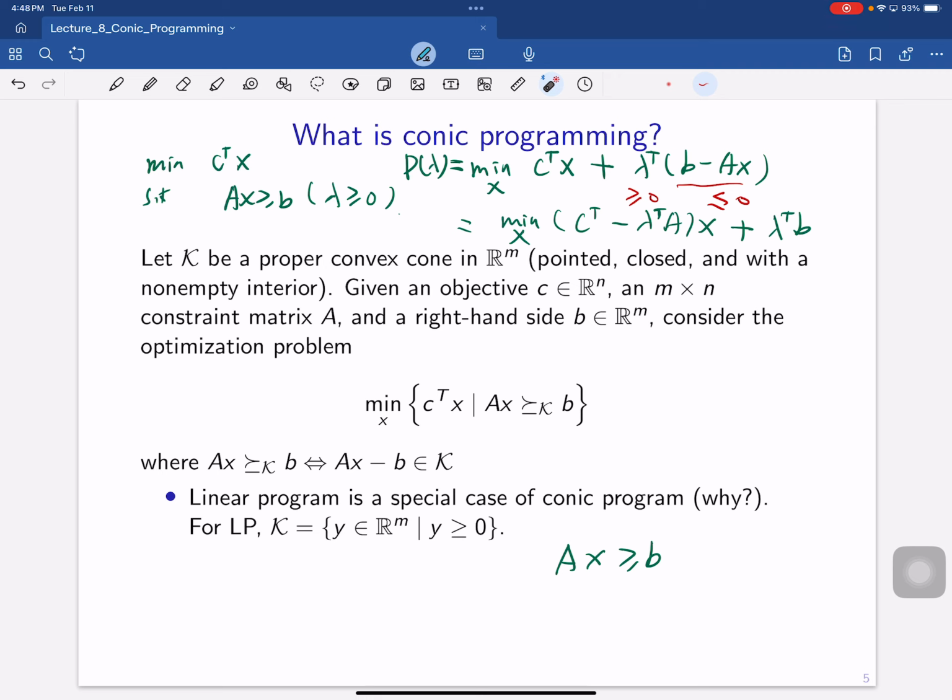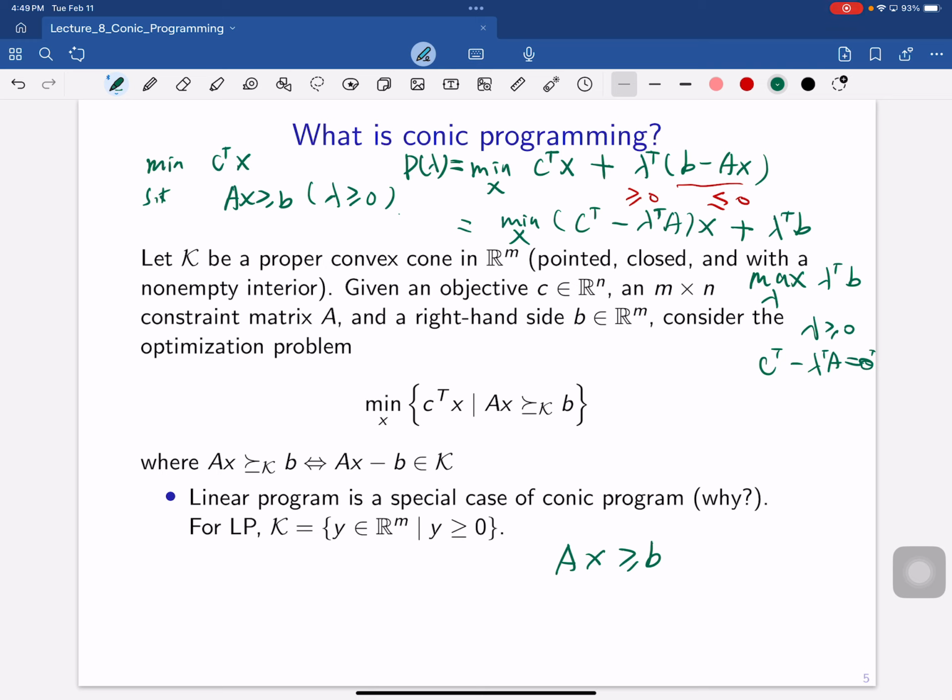So in the dual, you want to find the lambda that gives you the tightest lower bound. That's why you are maximizing lambda transpose B, with lambda greater than or equal to 0 and C transpose minus lambda transpose A equals 0 transpose. That's the dual we derived in the previous lecture.